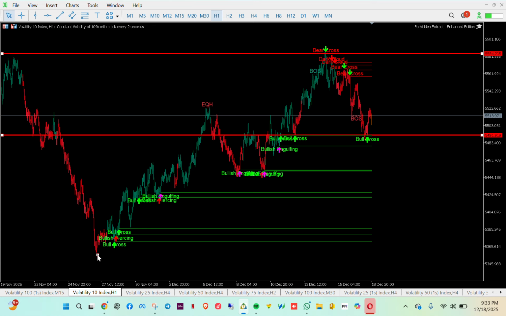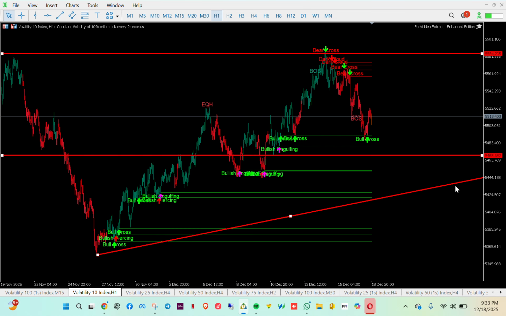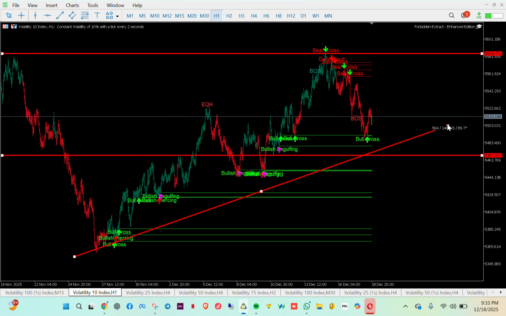We draw our trend line from this bottom here, in order to get enough confirmation. We can draw our trend line from here and have something like this.